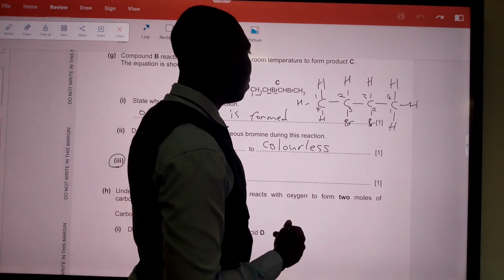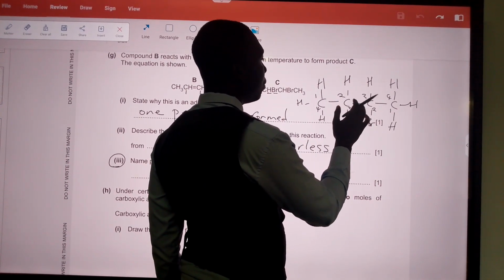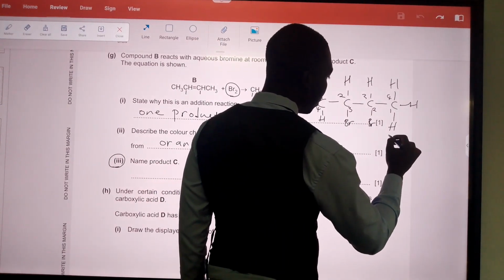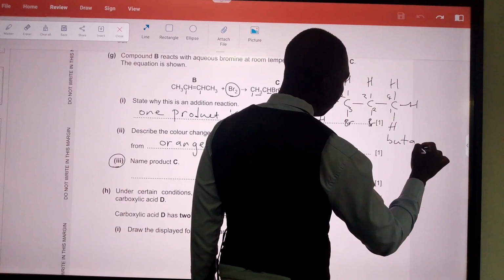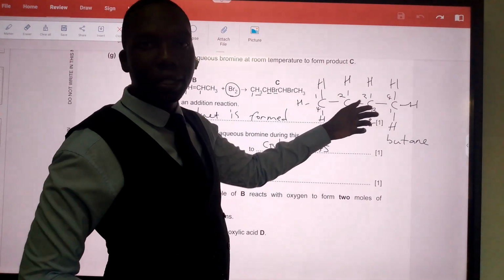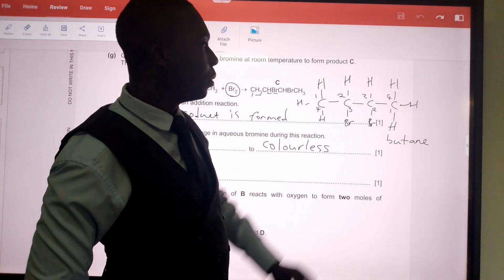So in order to name this, you identify the main chain. The main chain is 1, 2, 3, 4 carbon atoms, so this is known as butane. Why is it called butane? Because it is a saturated compound, so it is a derivative of an alkane.